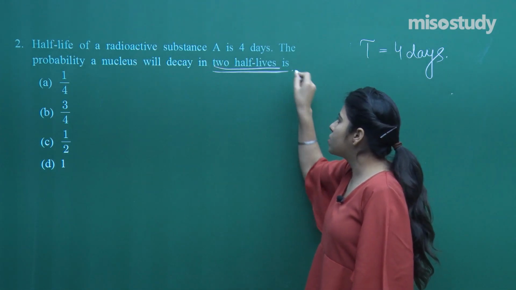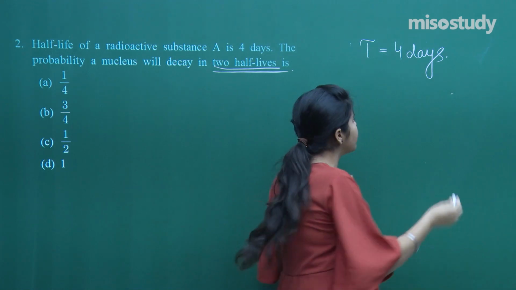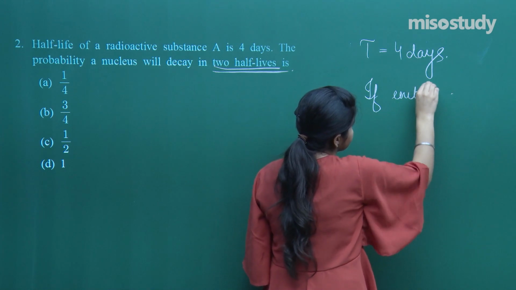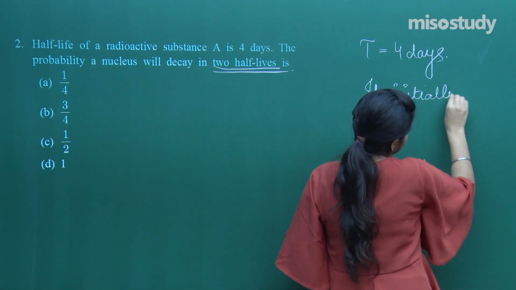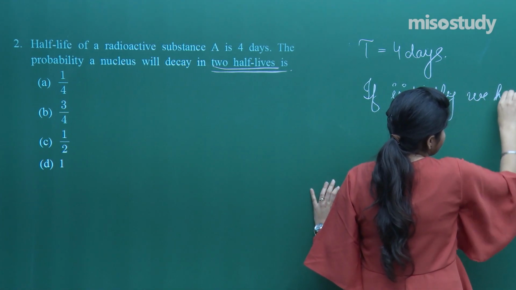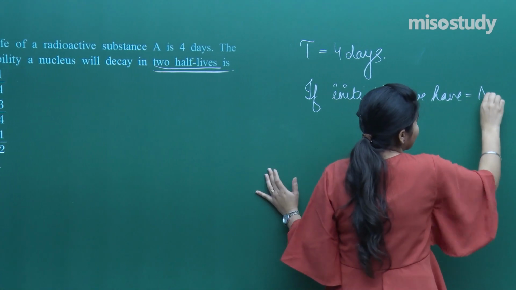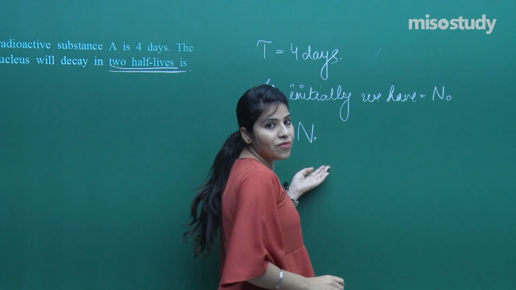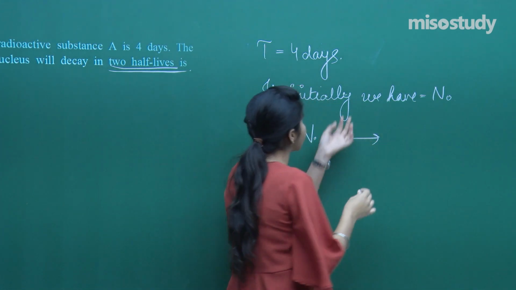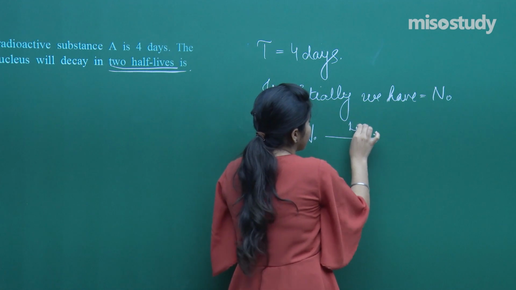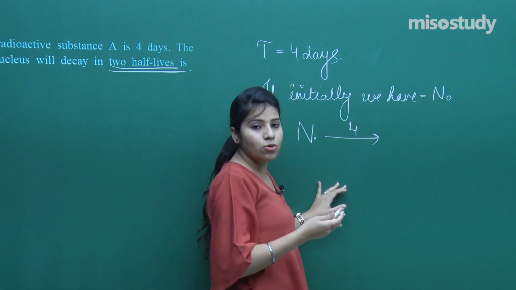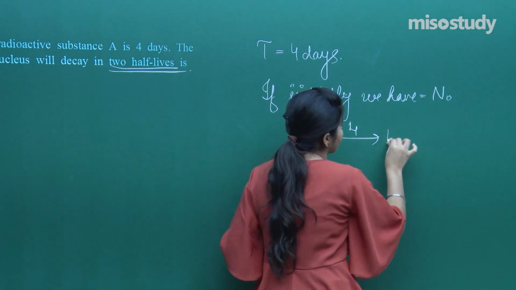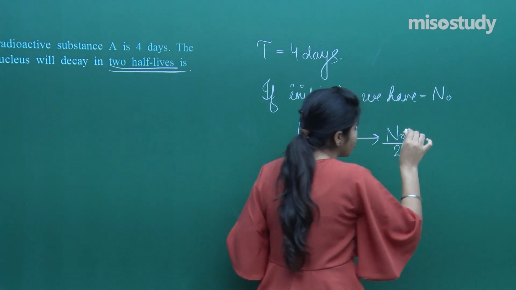We know that suppose initially we were having n-naught number of atoms. After 1 half-life, that means after 4 days, it will become half, because I told you that after 1 half-life they are just going to become half. So it will become n-naught by 2.